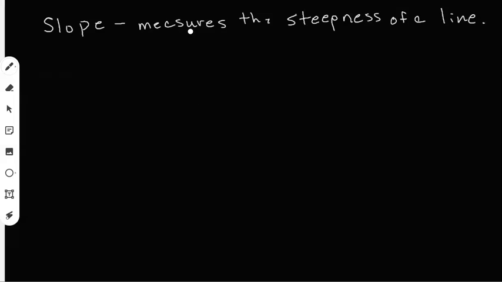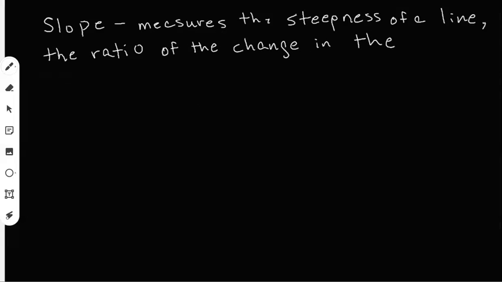So the slope of a line is going to be the ratio. Ratio is just a word that means fraction. It's going to be the ratio of the change in the y coordinates, we're going to put the y coordinates on top of the fraction, to the change in the x coordinates.